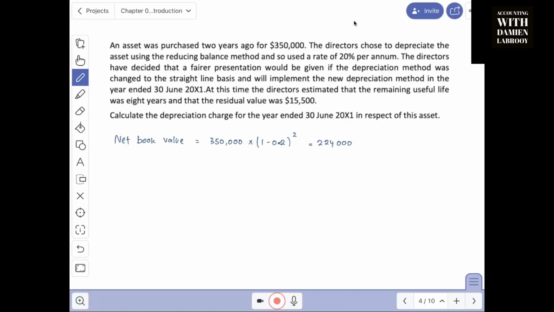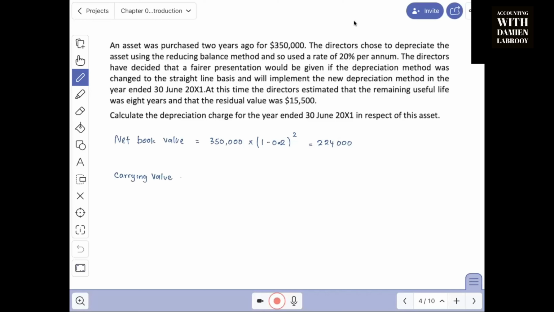Now, if we are going to use the change in an accounting estimate, we only look into the change from the current year. So what I'll be doing is I'll be taking the carrying value of the asset. Now, instead of calculating the depreciation on the reducing balance method, I will use the straight line method.